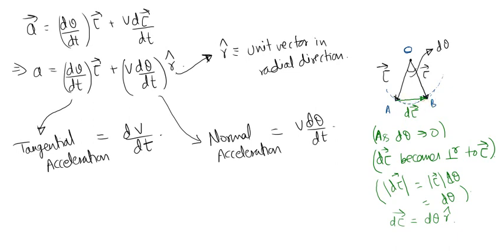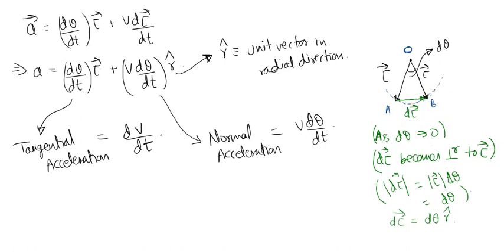As d theta tends towards 0, these two points A and B come closer and closer to each other. If I draw a circle of unit radius whose center is at O, then point A and point B will be on the periphery of that circle.